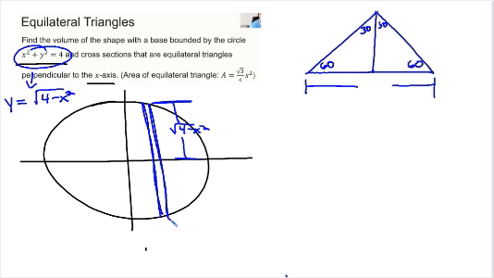So I need 2 of these to cover the base. All right, the base of this equilateral triangle is going to be 2 of those square roots of 4 minus x squared.